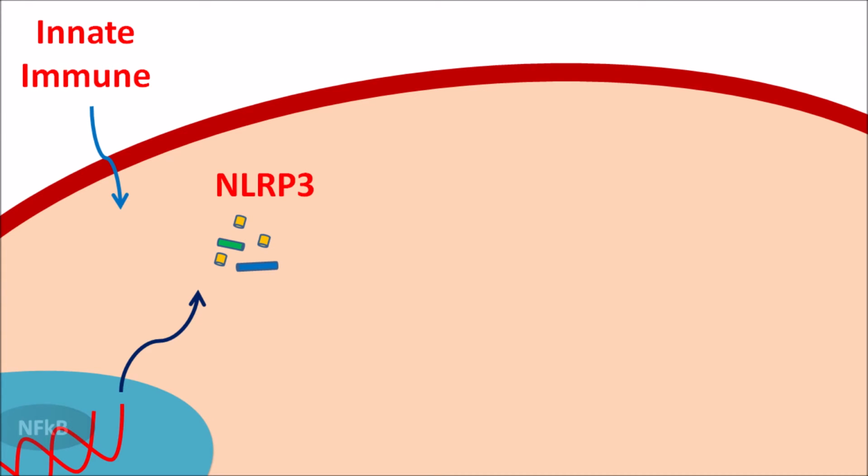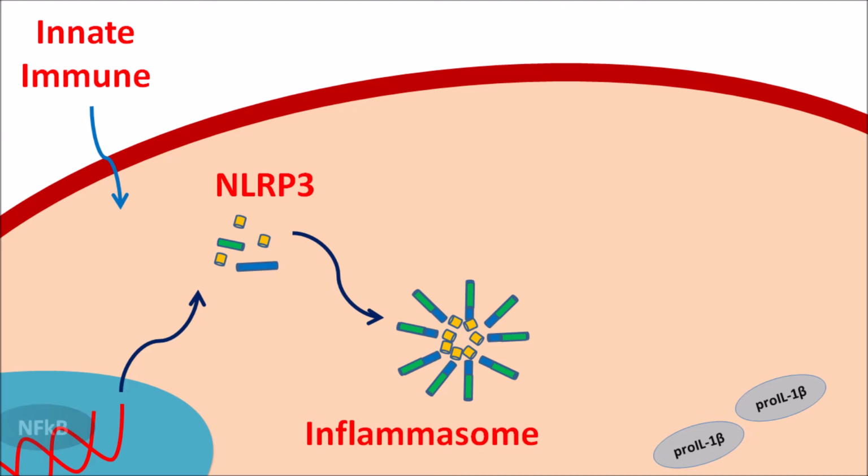These are proteins belonging to the NLR family containing pyrin domain 3. These proteins can be assembled to produce inflammasomes. Similarly, this gene transcription also releases another mediator, pro-IL-1 beta, which is the inactive form of IL-1 beta. NLRP3 proteins assemble to produce the inflammasome, which is responsible for stimulation of the inflammation cascade.